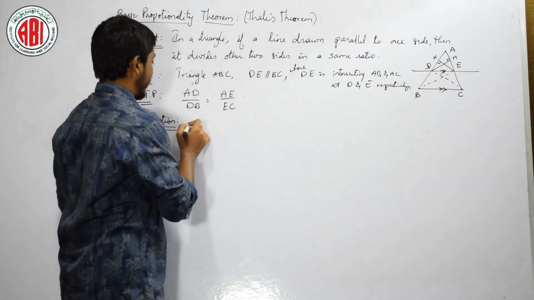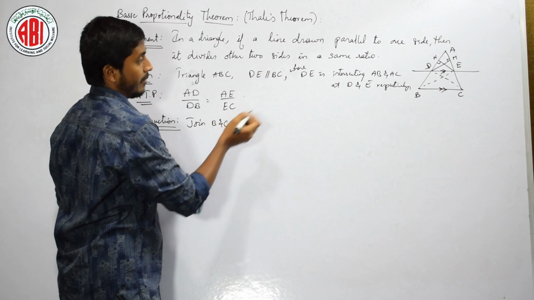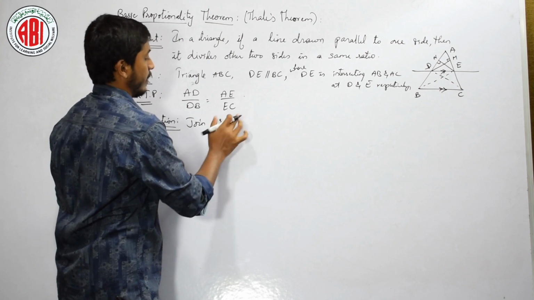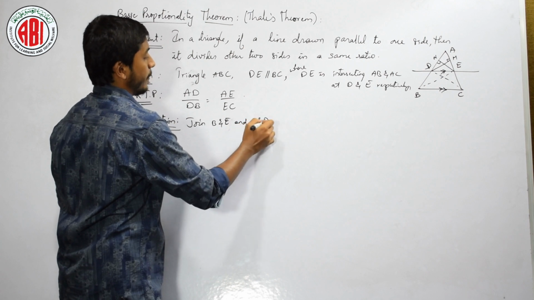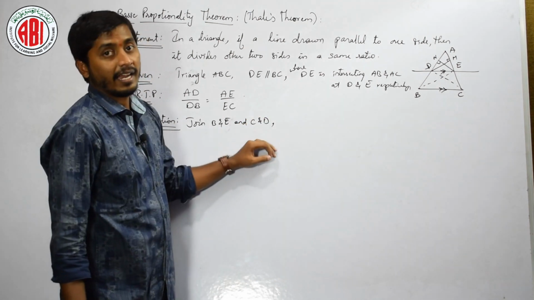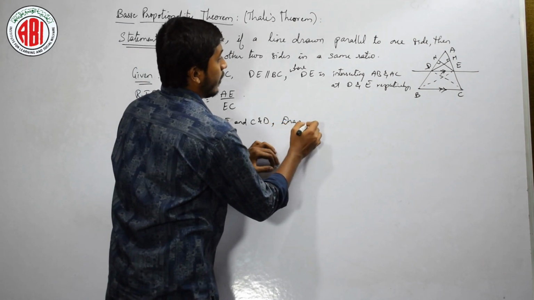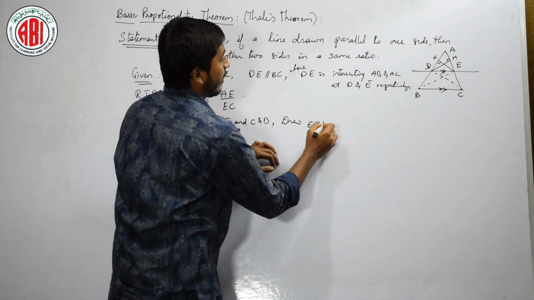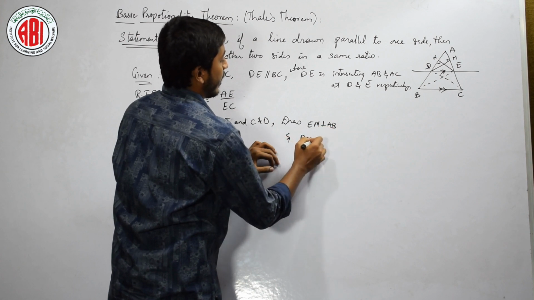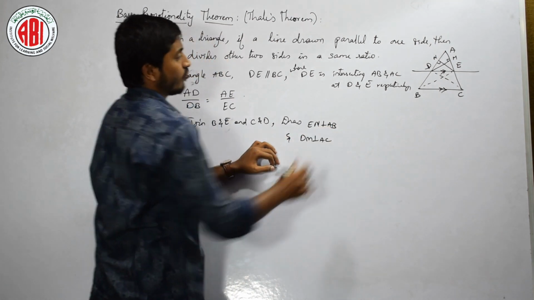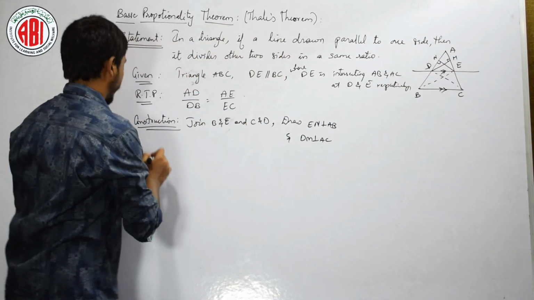Now the two things are: join B and E, and C and D. Then draw EN perpendicular to AB and DM perpendicular to AC. These are the two lines, DM and EN. Now let us prove it.